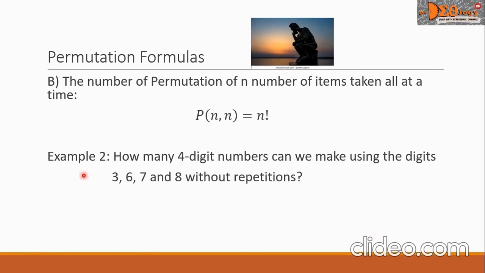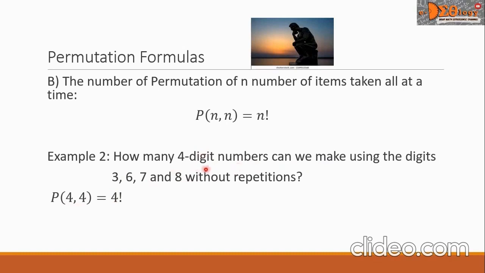Example 2. How many 4-digit numbers can we make using the digits 3, 6, 7, and 8 without repetitions? So we write P of 4. There are 4 digits here, and 4 because we require 4-digit numbers.